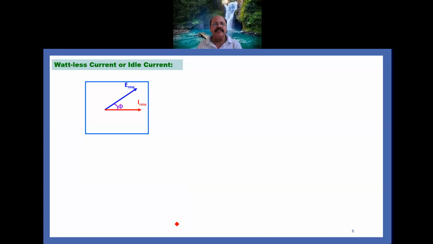Both have the phase angle phi. Now we resolve IRMS into two rectangular components. One is IRMS cos phi along the phasor of ERMS, and another component which is perpendicular, IRMS sin phi.